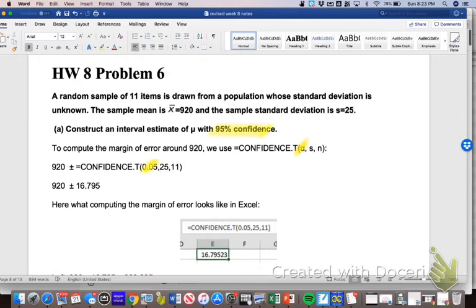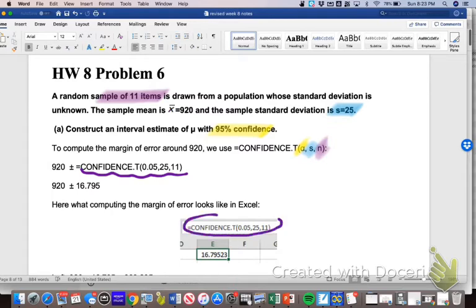So since we were looking for a 95% confidence, that's why we've got a 5% alpha level. Our standard deviation right here will be right there. And our n value, that part of the formula, is a sample of 11 items that were drawn. So that's where I got the numbers that I typed into Excel.